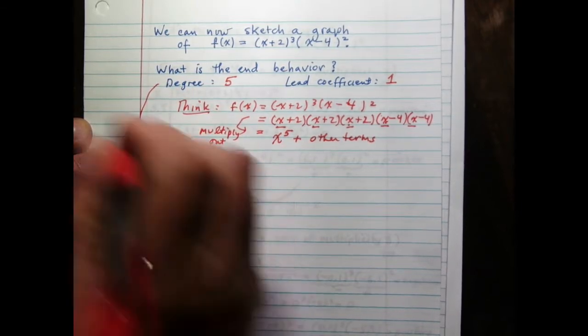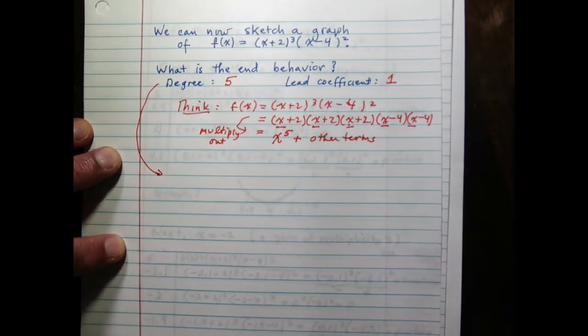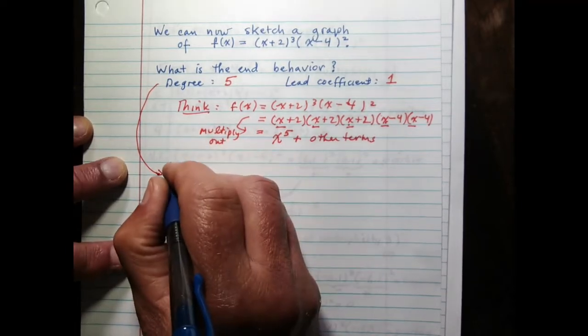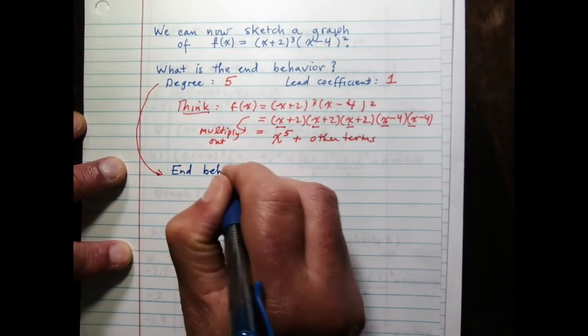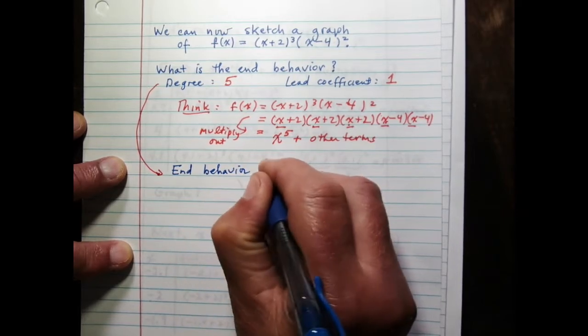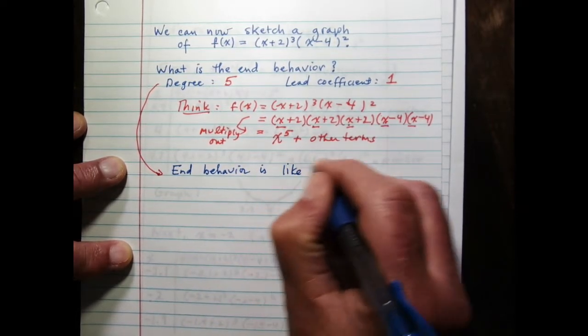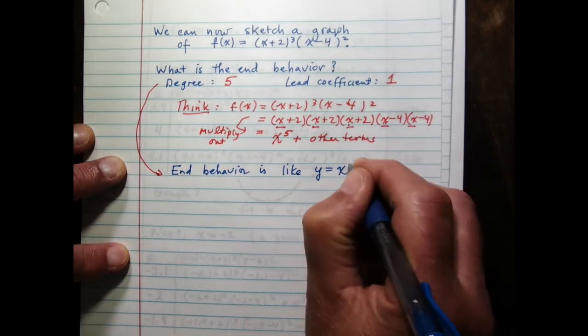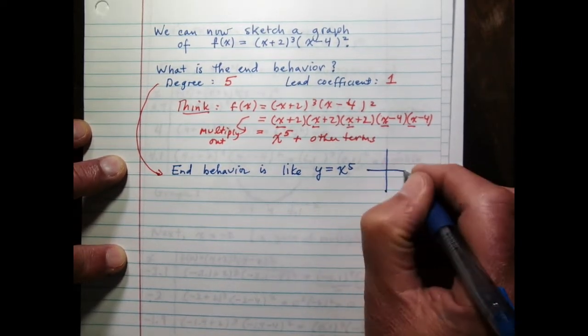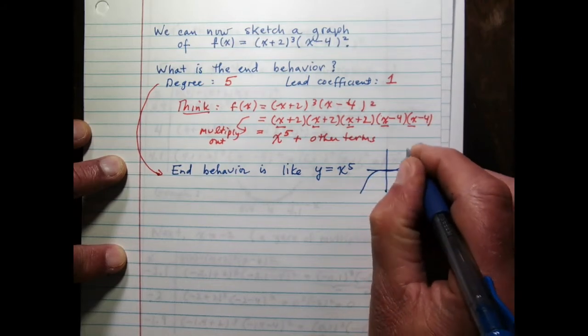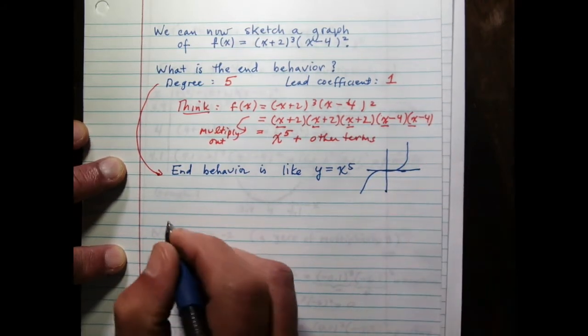And this tells me about the end behavior, right? So the end behavior is like y equals x^5, which has a graph kind of like so.